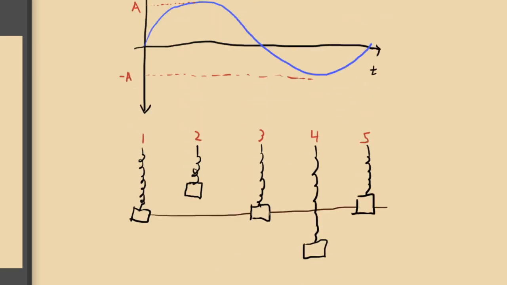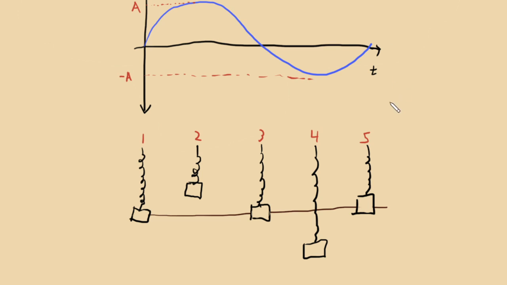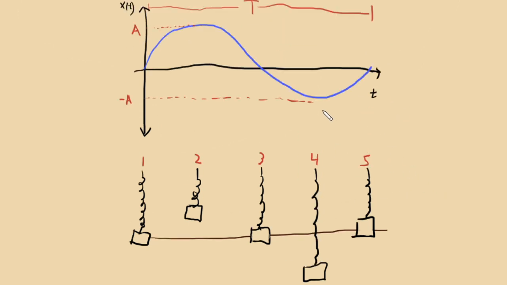So let's think about how we could come up with a kinematic equation representing position versus time. Well, this is a sinusoidal wave, so we know we could use a trig function to describe this pretty easily. And the amplitude of it is just going to be dependent on how far it's displaced.